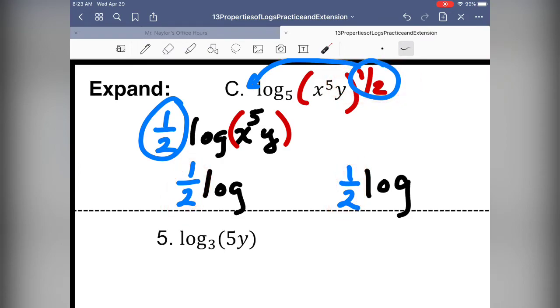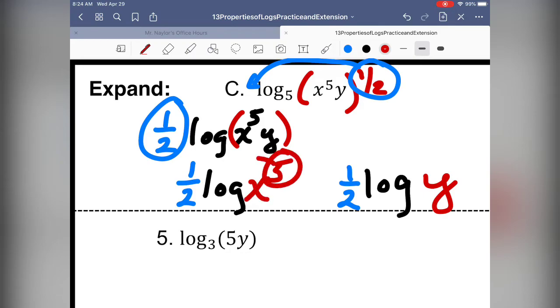Now, we only really have one other major thing to do, and that is to take these two items that are inside here, this x to the 5th and this y, and allow them to be part of splitting up into both of these logs. So I'm going to put the y, I'm going to split that one, and then the x to the 5th. Now, the x to the 5th has this extra 5. Well, guess what? That 5 is actually going to scoot down in front. We're going to have another number come in front again.